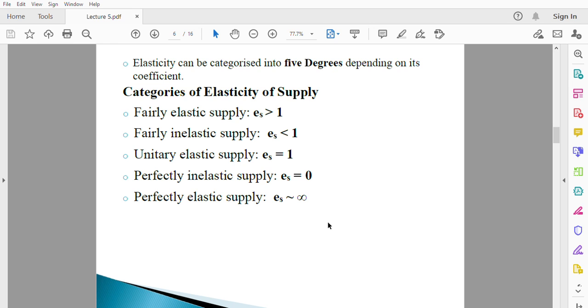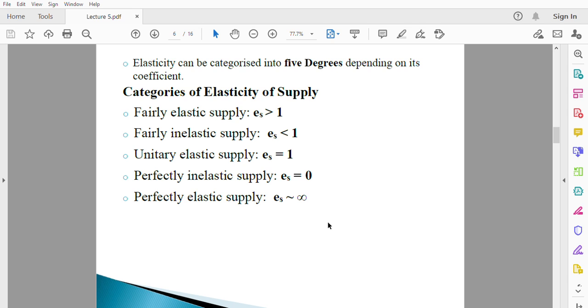When you calculate your elasticity and it is greater than 1, it is considered to be fairly elastic. The second is fairly inelastic supply. If you calculate your elasticity and it's less than 1, you have a fairly inelastic supply.